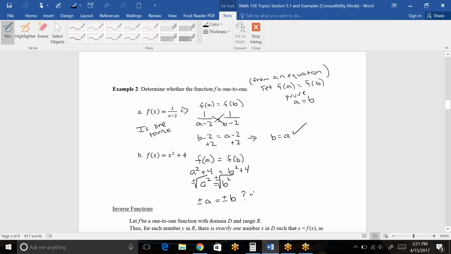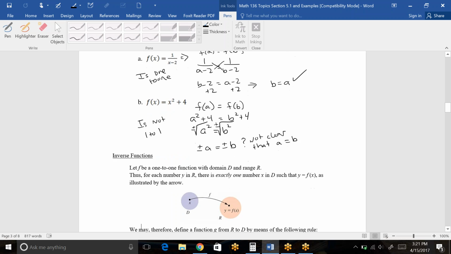It's not clear that a equals b, because we don't know what signs could have been on either side. So this one is not one-to-one. So that's how you would do that algebraically.